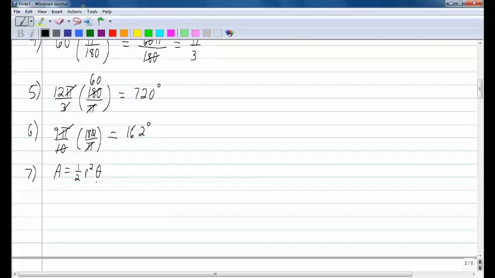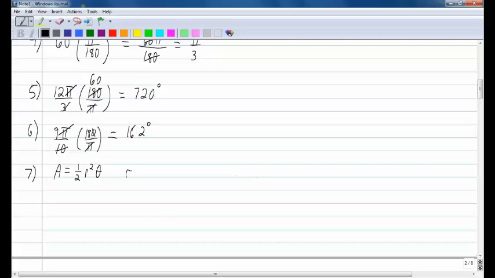Theta must be in radians. For arc length and for area, when using those formulas, theta must be in radians.